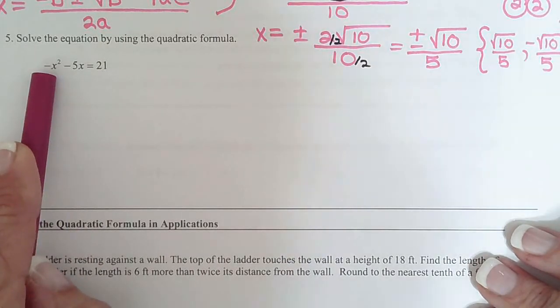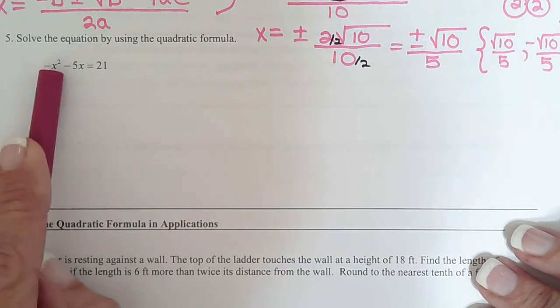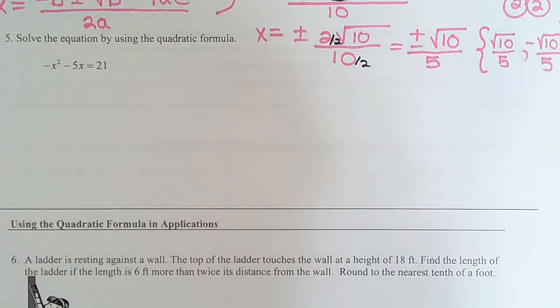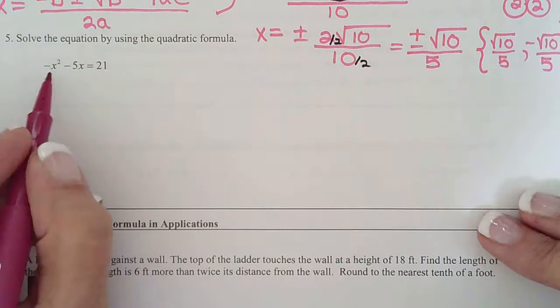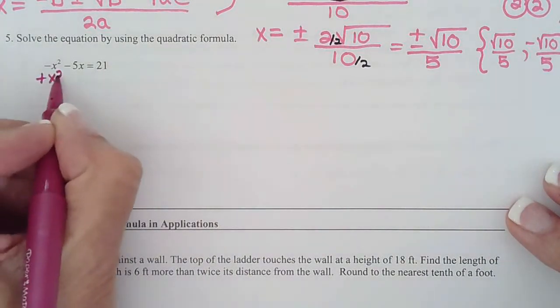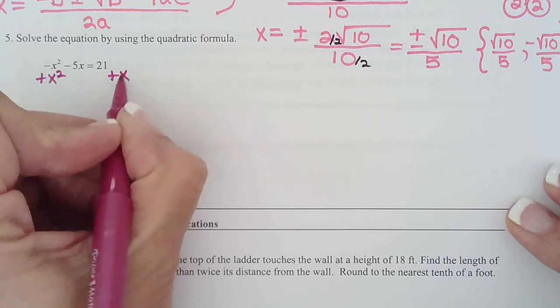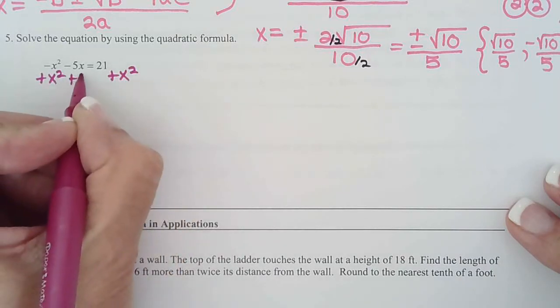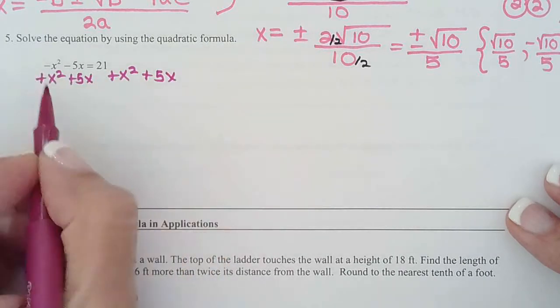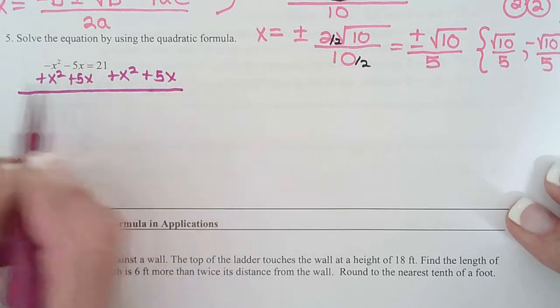And since we're not factoring, we don't really care if this is negative, but if you feel more comfortable bringing those over, I do personally, because your answer kind of looks weird when the leading coefficient's negative. So I'm going to add x squared, and then add 5x, add 5x. So now my left side is 0 instead of my right side.